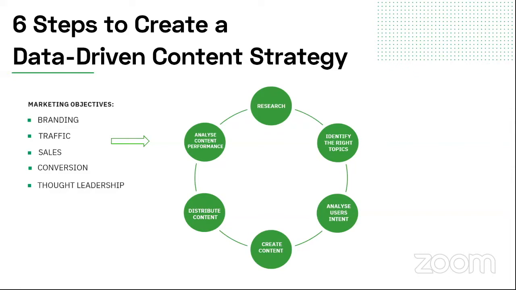Based on your marketing objectives, whether it's branding, traffic, sales, conversion, etc., the 6 steps are to use data for the research, to identify the right topic, to analyze the user intent, to create content, distribute content, and analyze the content performance. Now we're going to look at the different steps in detail.